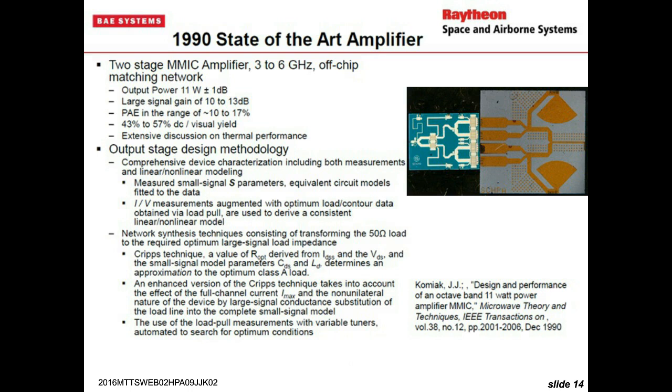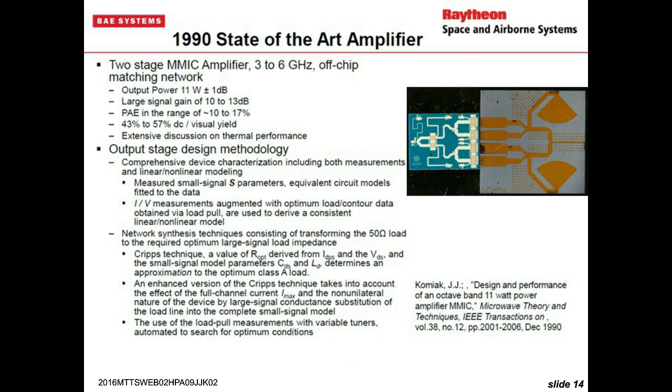But a colleague of mine, Steve Cripps at the time, had a very insightful observation that the real part of the optimum impedance match for power could be derived from the quiescent currents and voltages of a Class A amplifier. And therefore, just from IDSS, IDS, VDS, you could calculate ROPT.